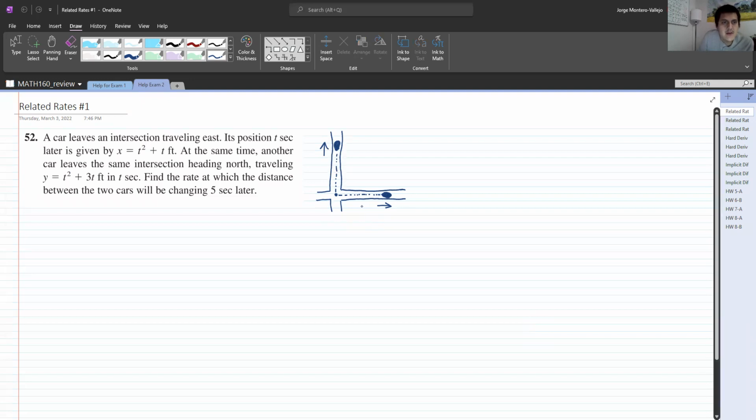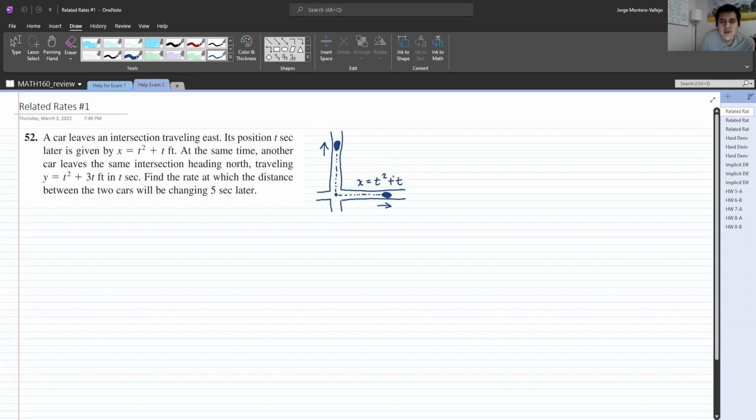So it's the car leaving east, and it says that its position t seconds later is given by this function x equals t squared plus t feet. So this function tells you the position of this car. Let's write it here: x equals t squared plus t.